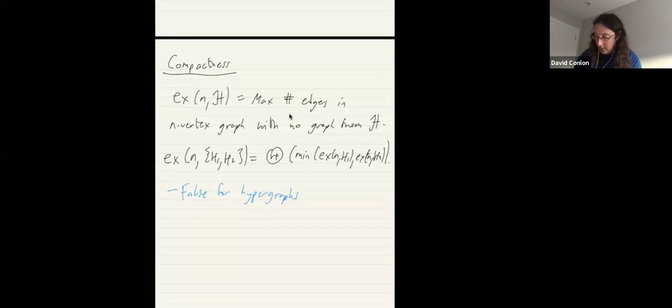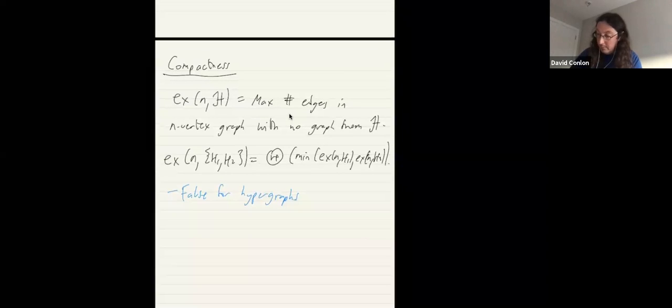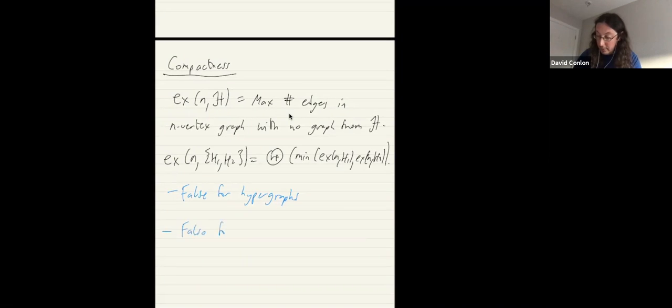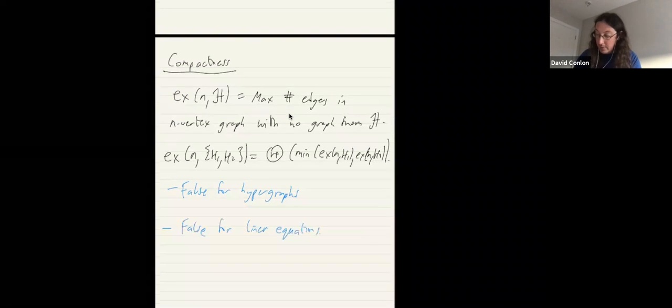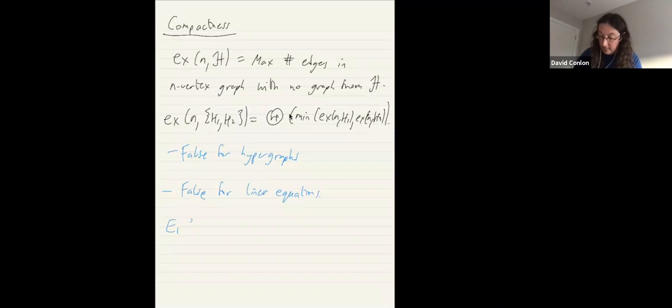So this is, at least to the best of my knowledge, a new result. So our result shows that it's false for linear equations, because you can take the first equation to be the Sidon equation, and we know that the extremal number of the Sidon equation is theta of square root n. In fact, we can pin it down to the exact constant.